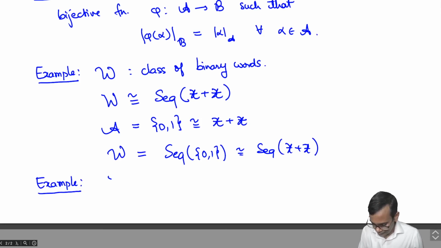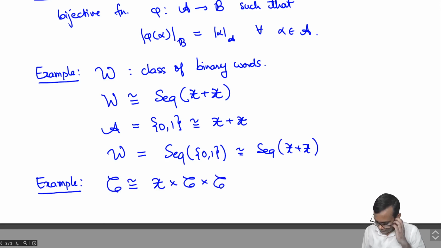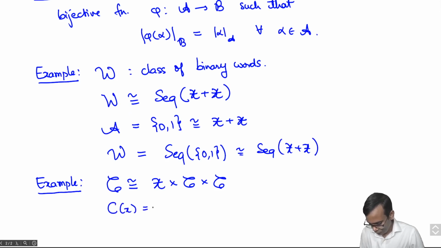If we take the class C of all triangulations, then this is isomorphic to x cross C cross C. The proof that I had done earlier to show that triangulations satisfy the recurrence relation for Catalan numbers actually is giving a bijection between the class of triangulations and this product class x cross C cross C. And this implies that Cx is equal to x times Cx squared.